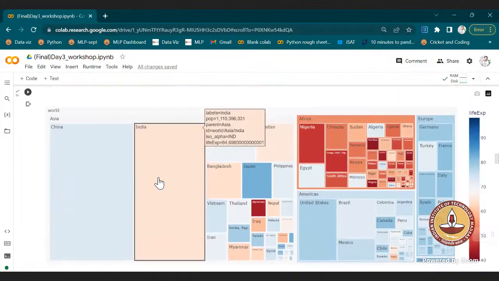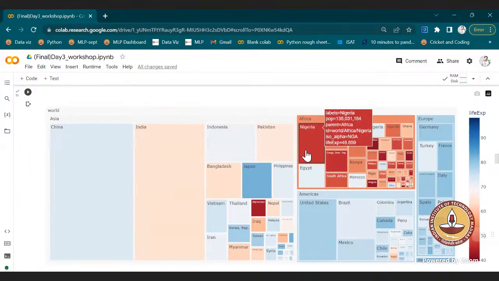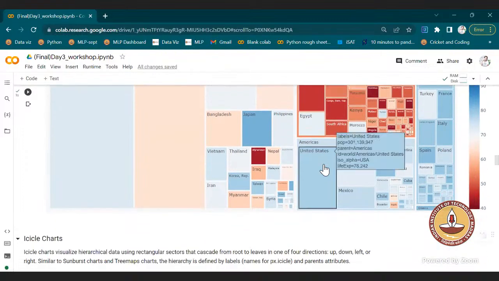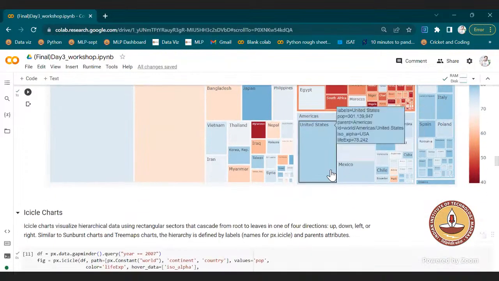One thing that becomes apparent is that in Africa the life expectancy is very low. If we want to highlight that, then we can use this type of chart, I guess. I agree, but it also highlights stark differences.